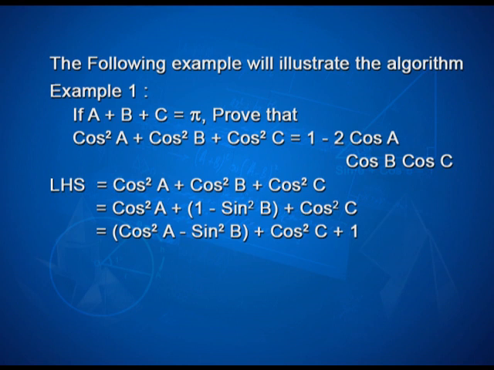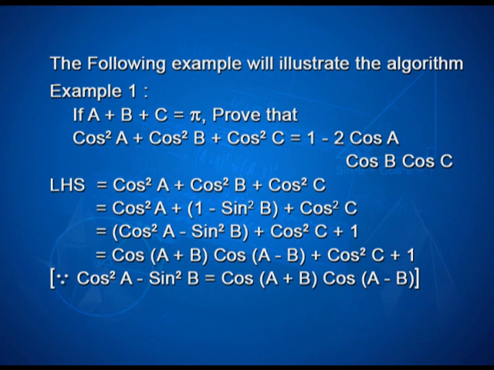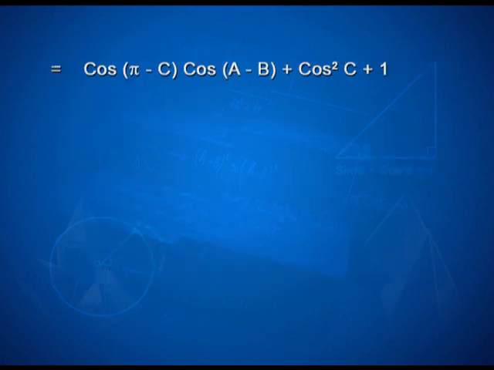I hope you can follow here. We are using an identity A square minus B square as (A plus B) into (A minus B), and thus we can express cos of (A plus B) into cos of (A minus B) plus cos square C plus 1. This again can be written as cos (pi minus C) into cos of (A minus B) plus cos square C plus 1.